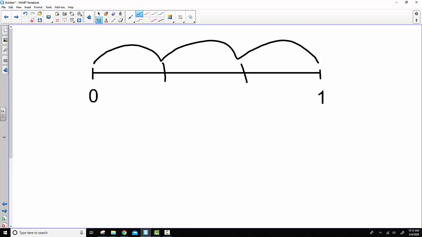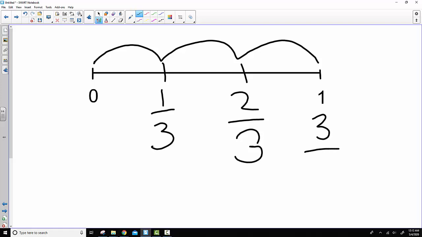I can name these ticks. First we have 0, and then 1/3, 2/3, and then another name for 1 is 3/3. This line segment is divided by thirds.